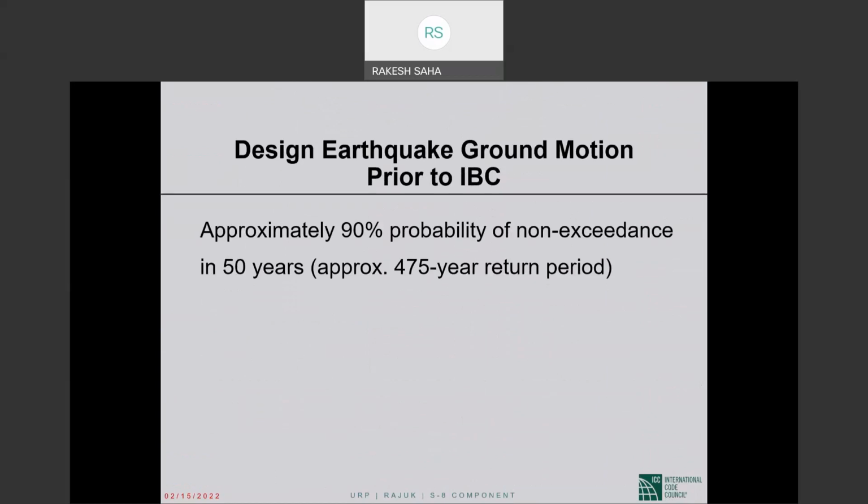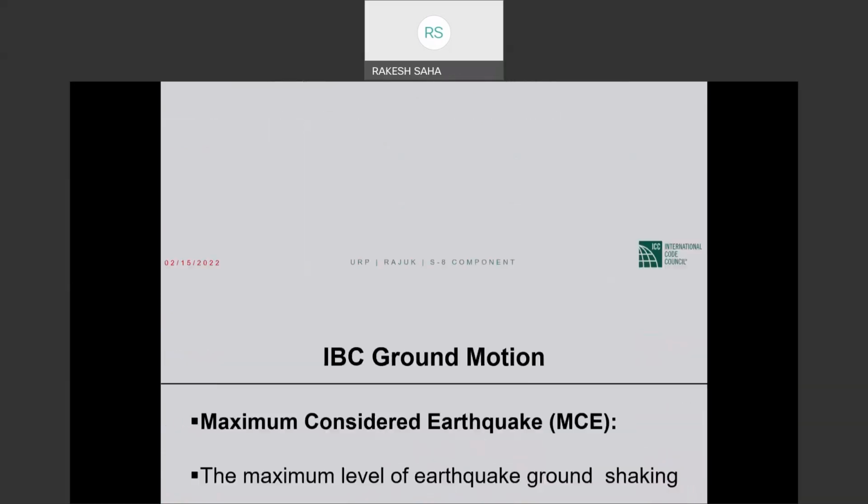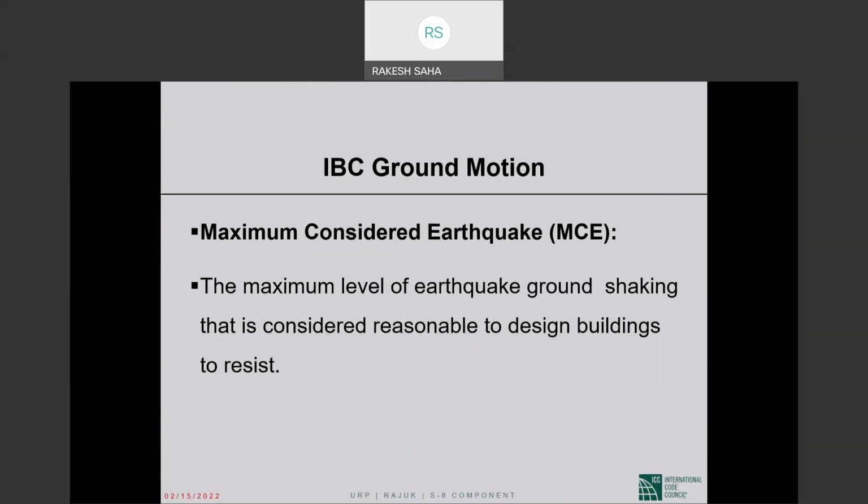Okay. So the design earthquake ground motion prior to IBC is the 500-year return period ground motion, as I just mentioned. The ground motion today, we define as the maximum considered earthquake ground motion. In the source document and our provisions, this is the definition: maximum level of earthquake ground shaking that is considered reasonable to design buildings to resist.